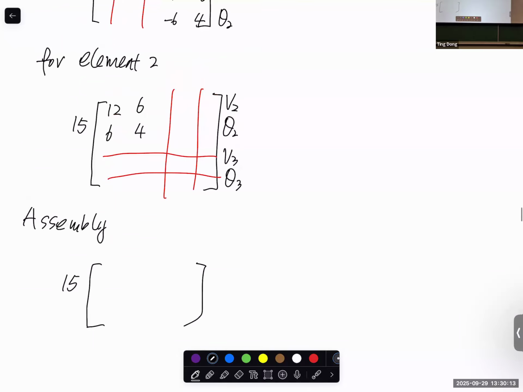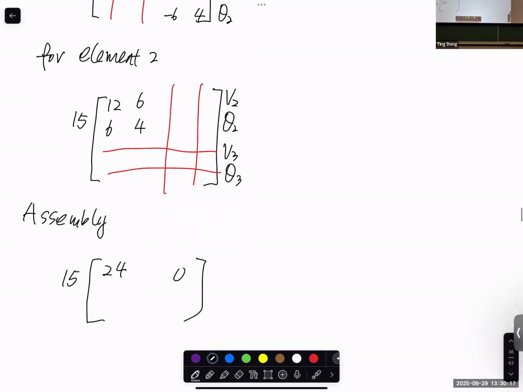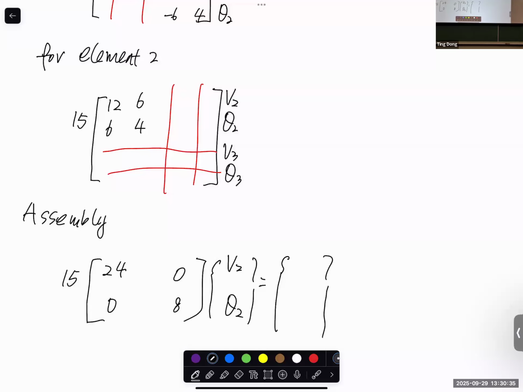Add the corresponding components. Now this one becomes 24, 6, -6, this is 0, 0, 8. Actually, since there are 2 off-diagonal 0 terms, it makes our calculation super easy, right? V2, theta 2. What are the 2 components here and here?